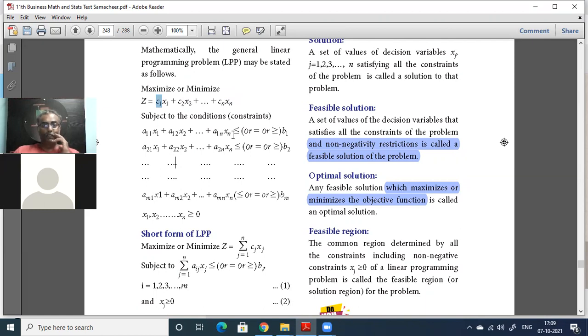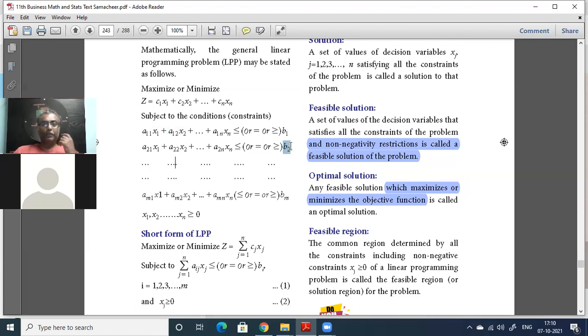Now conditions will be there. For example, the first car manufacturer is putting some conditions. He is telling you, I must get at least 1,000 tires of this type and that type: 1,000 front tires and 1,000 back tires. So front tires will become A11 X1 and back tires will become A12 X2, like that.